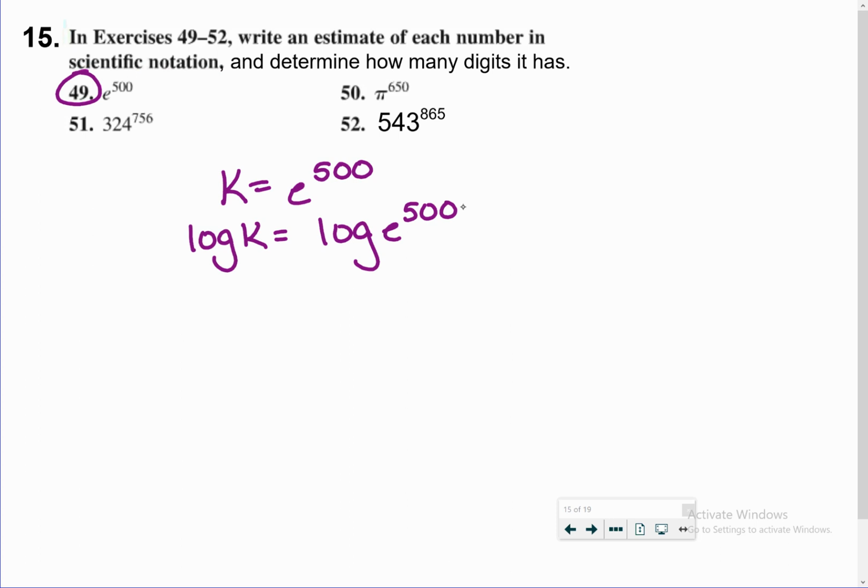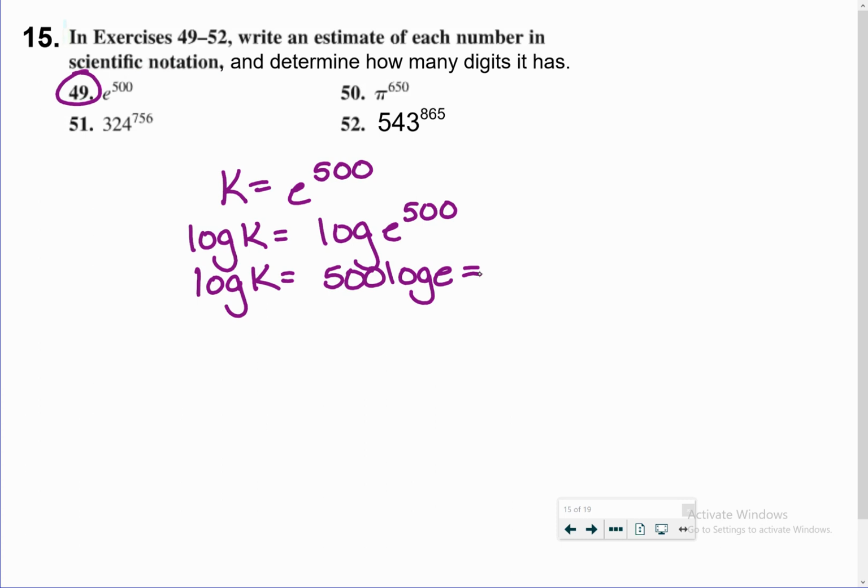If I have the log there, what can I do with the 500? Bring it down in front. And at this point, this is what you're going to type in your calculator. If you guys remember, we want to try to use that previous answer as much as possible. We practiced actually with the red calculator, so it's going to be a little easier with the graphing calculator now. We want as many decimal places as possible.